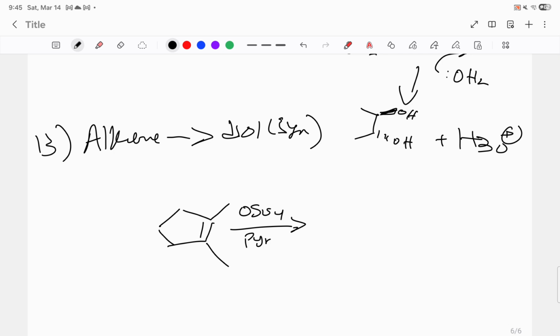I'm going to use the non-catalytic way and show you that we can get this intermediate called a cyclic osmate intermediate. So watch. It will add across the double bond in this form.